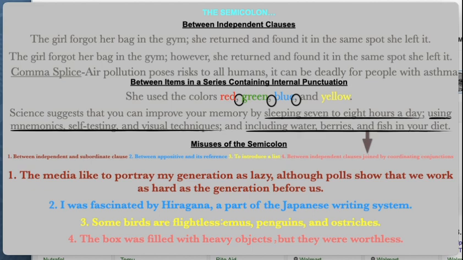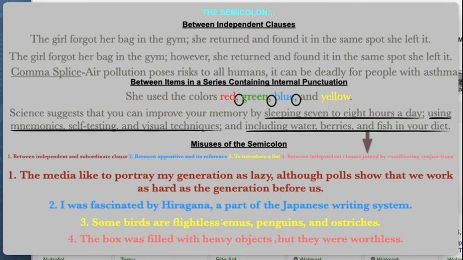So let's examine this real quickly. I said don't use a semicolon between independent clauses joined by coordinating conjunctions. The box was filled with heavy objects is an independent clause. They were worthless is an independent clause. So we don't want to use a semicolon between independent clauses that are joined by conjunctions.